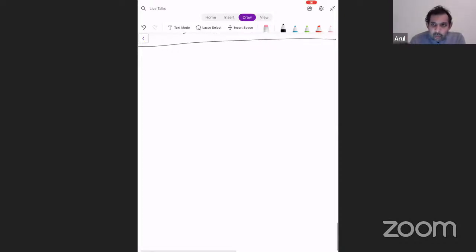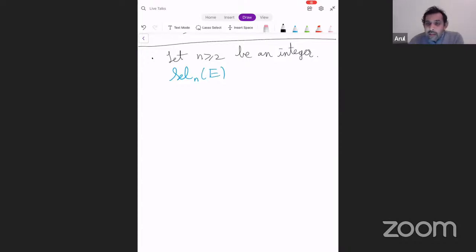So here's one way we can study the rank. You study the rank via what are called n-Selmer groups. So let n be an integer greater than or equal to 1. Then the n-Selmer group is a finite group. I'm not going to define what it is exactly, but I'll tell you the exact sequence it fits into.